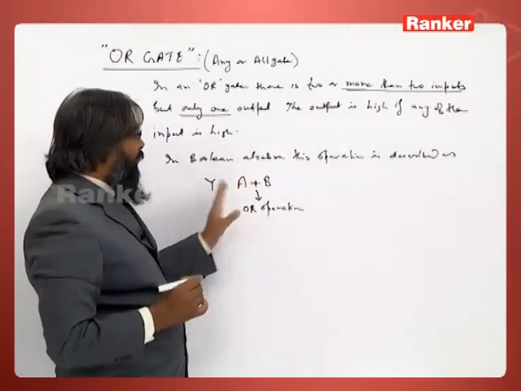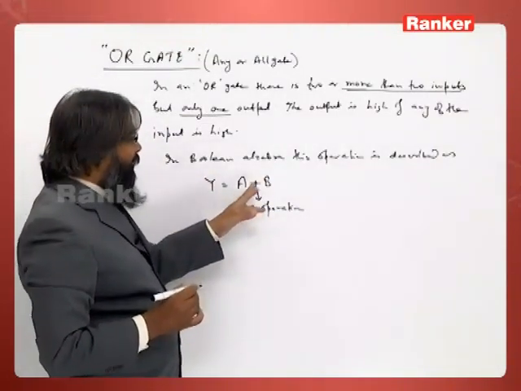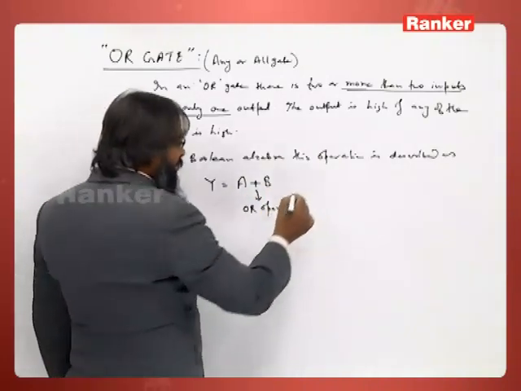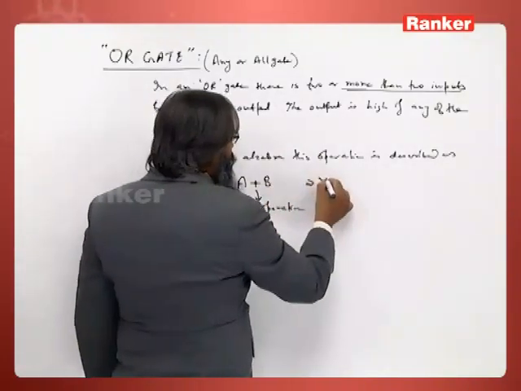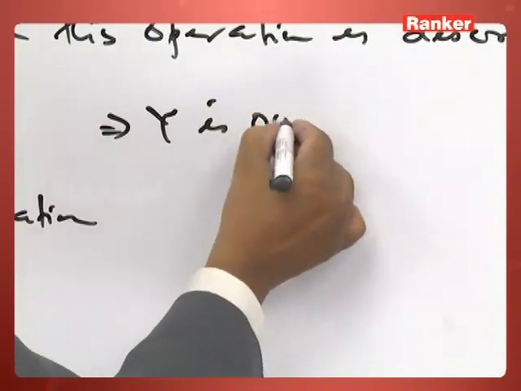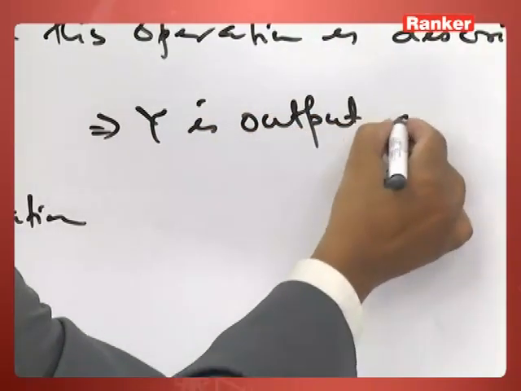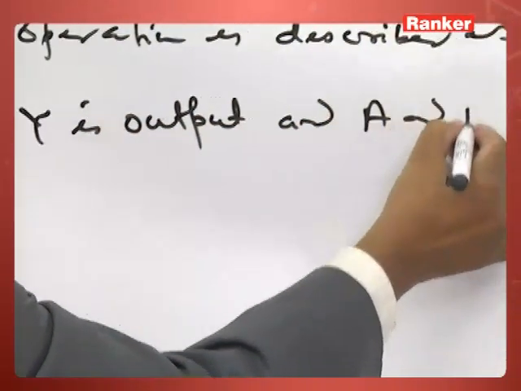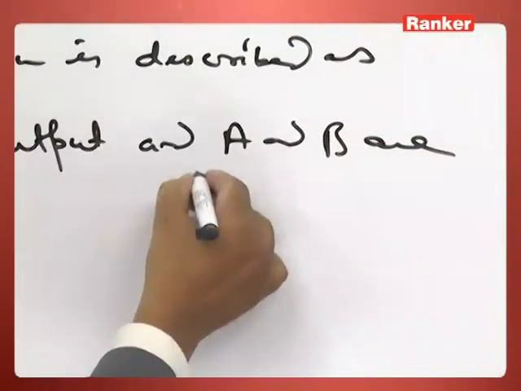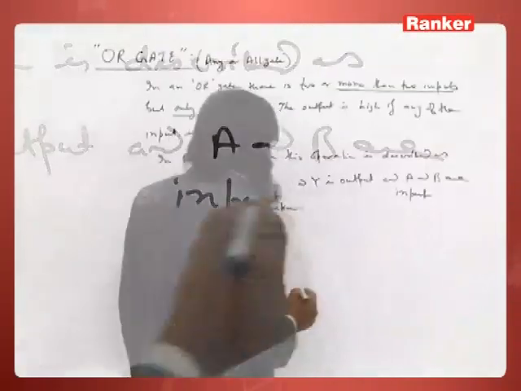So this is how we define the logical operation of OR, where A and B are inputs. Here keep in mind Y is the output and A and B are inputs.